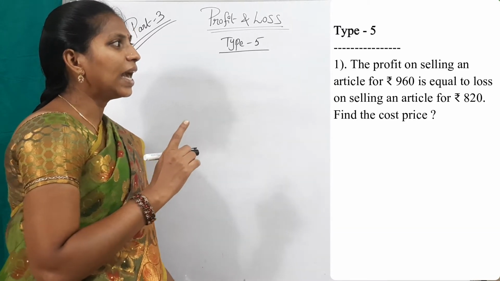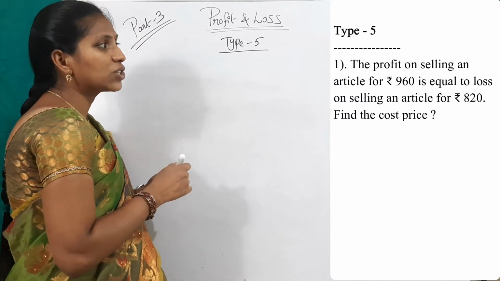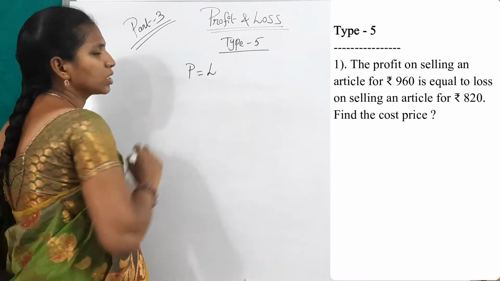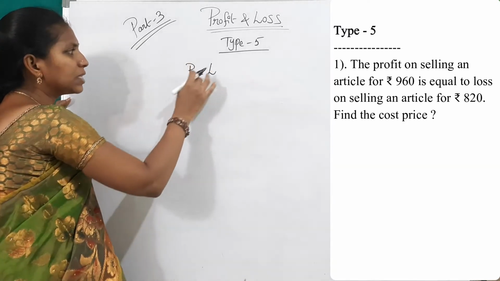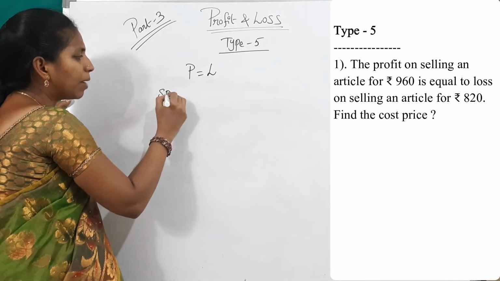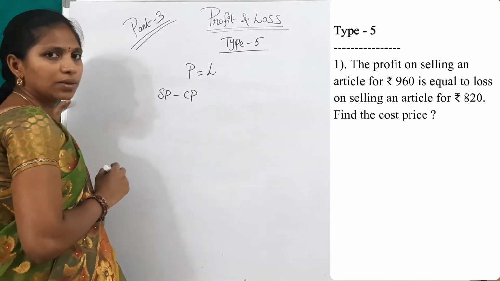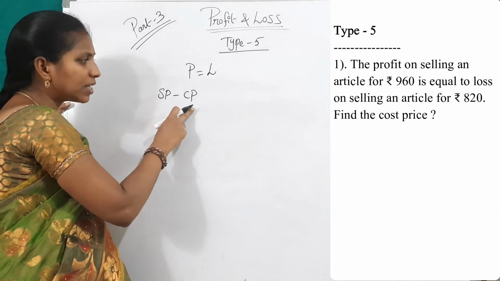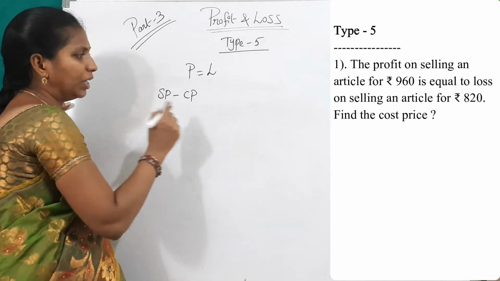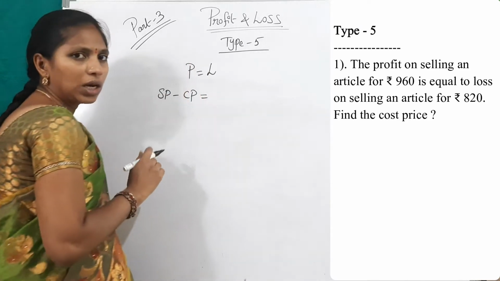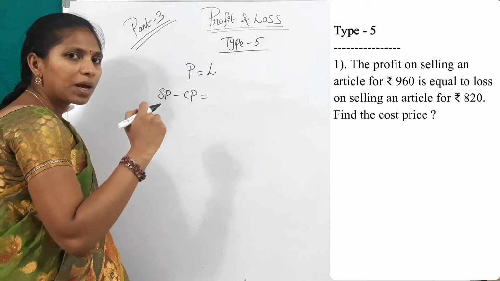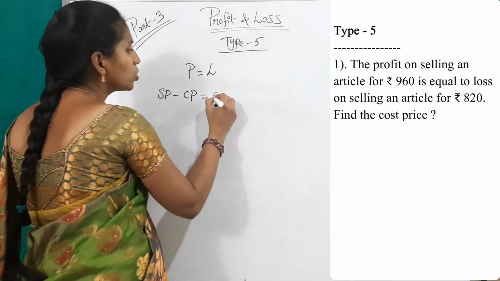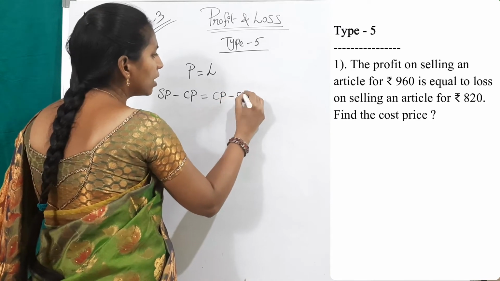Profit means selling price minus cost price. If selling price is greater than cost price, then there is a profit. Loss means if cost price is greater than selling price, then there is a loss. So here CP minus SP.